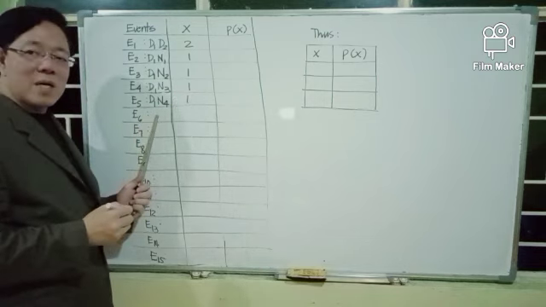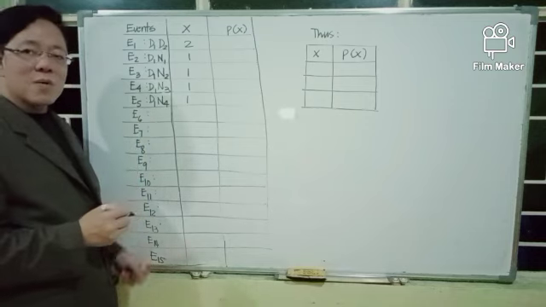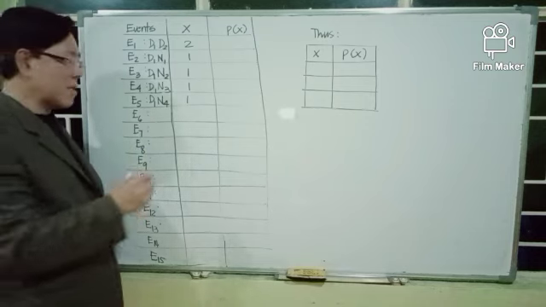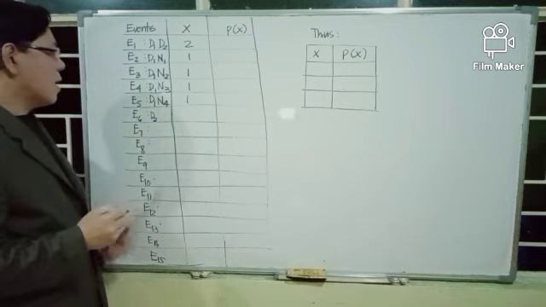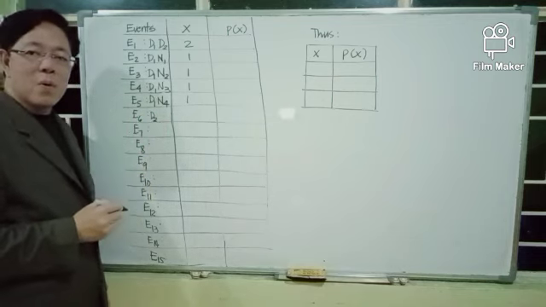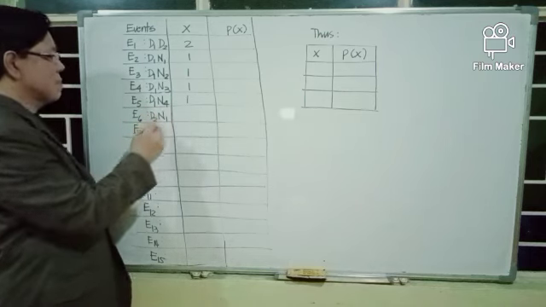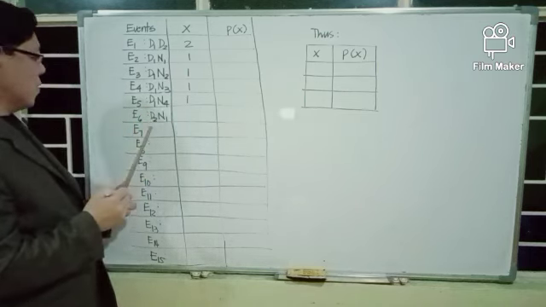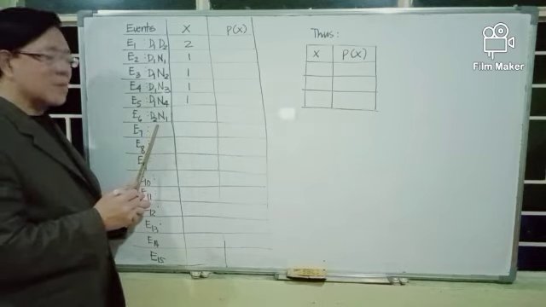And another event possibility is the customer selected the second defective item and the first of the 4 non-defective items. For this event, the number of defective is 1.